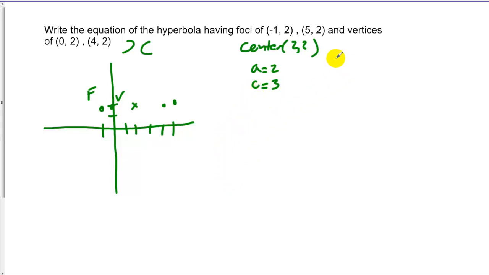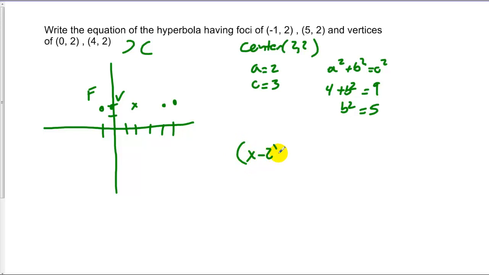I need my B value, but I know A squared plus B squared equals C squared. I know I have 9 here, 4 here, plus B squared, therefore B squared is equal to 5. Now I can go ahead and write everything that I need. I start with my center. I know this is opening horizontally, so my x term must lead.